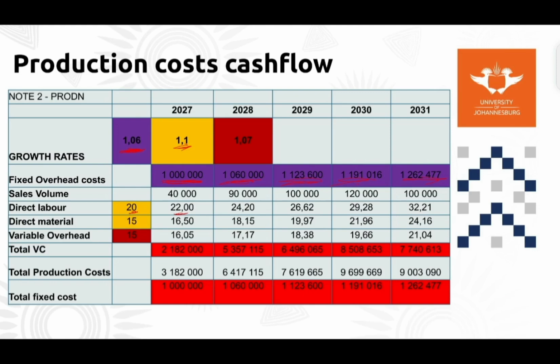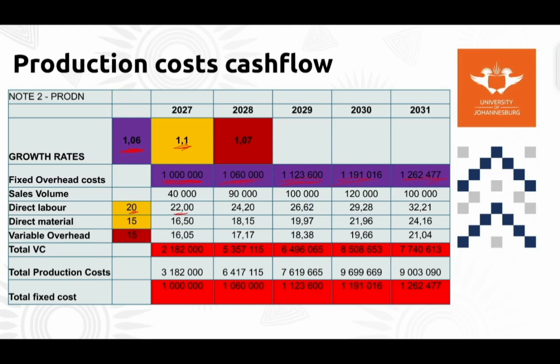If they were able to buy tires at 20 rand, and now in 2027 they're buying them at 22, and they're buying resources again at 24 rand in 2028, this is just that growth, to show you that the value of money gets lost over time. That's how NPV also considers that in its calculation.